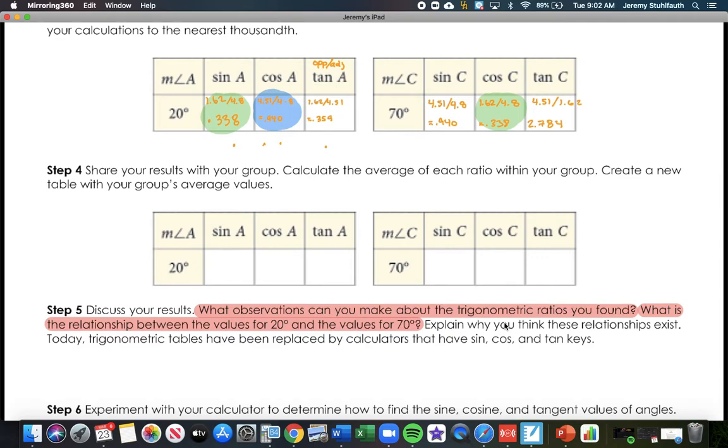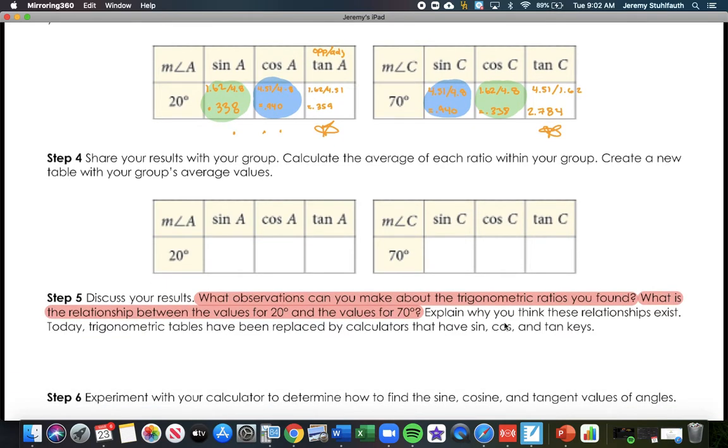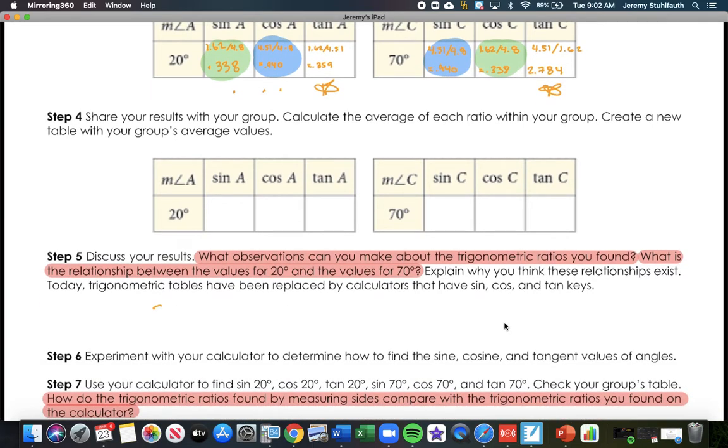If you look at sine C, you get 0.94. And then there's a relationship between the tangents as well. But first, you'll see that sine of A is equal to cosine of C, or sine of 20 is equal to cosine of 70. And we have cosine of 20 is equal to sine of 70.